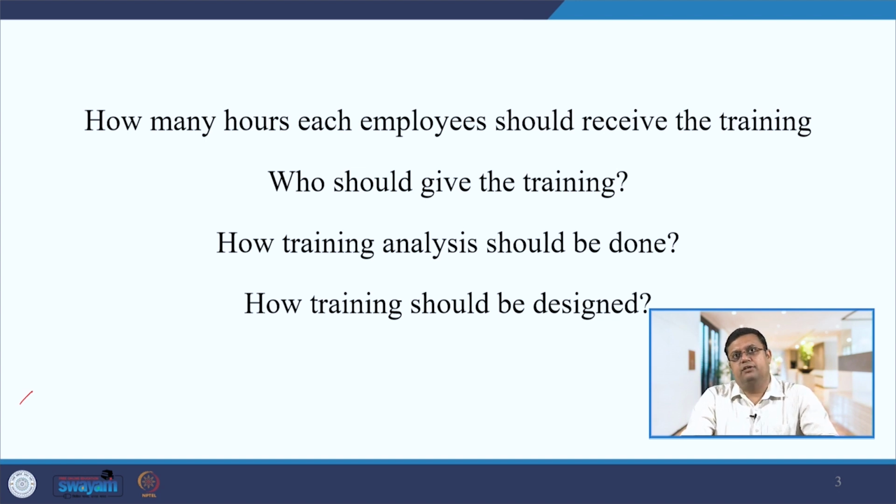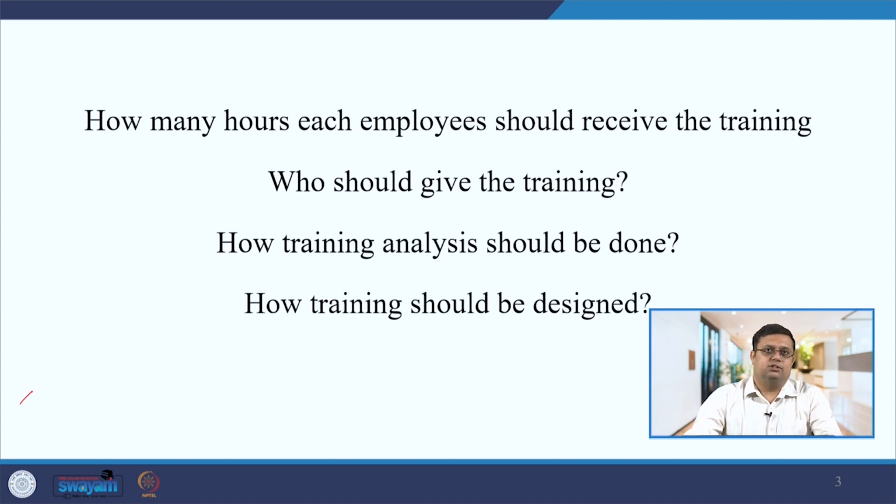What kind of training should be given, when should it be given, who should be the participants, how should participants be selected, who should give the training, an internal expert or an external expert, whether this training should be online or offline, and how this training should be given, how the learning environment should be created, and how the readiness of the employee should be assessed inside the organization. Such kind of questions a manager needs to answer while working at a workplace.